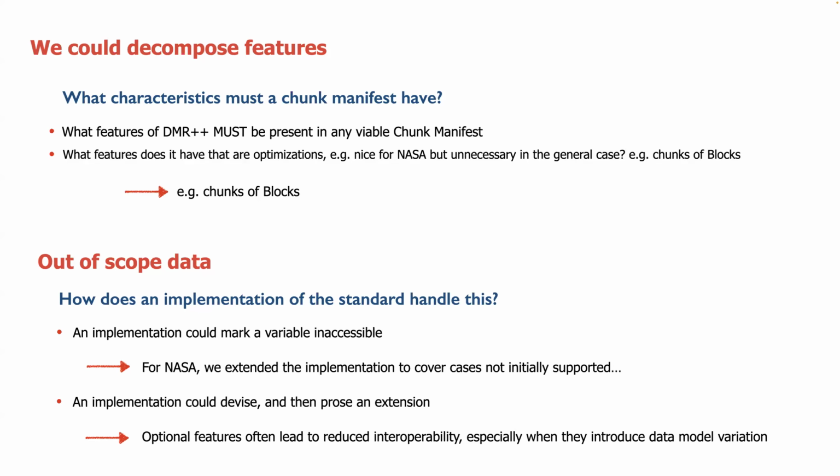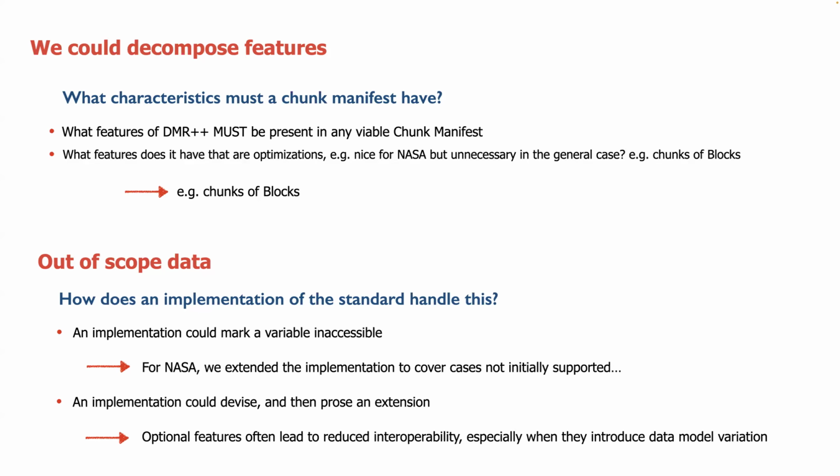So one thing you could do is you could just say, well, that variable is very strange and it's in the file, but you can't access it in this way. You can't access it with a chunk manifest. I think we need to know if it's okay that maybe 0.1% of the variables in a very large granule are not accessible.